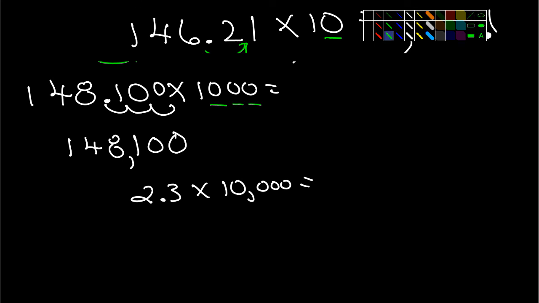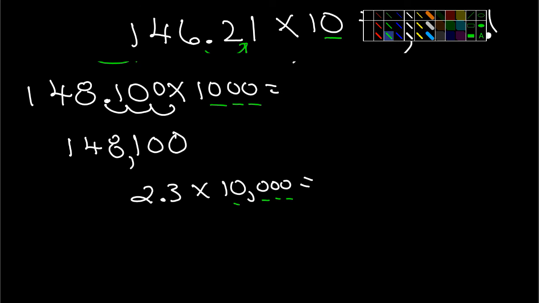Mr. Button, how many zeros do you see in 10,000? 4. 1, 2, 3, 4. So that means how many places are we going to move the decimal? 4, right, exactly. That's always the same. 3 zeros, 3 places. 2 zeros, 2 places. 17 zeros, you're going to move it 17 places.